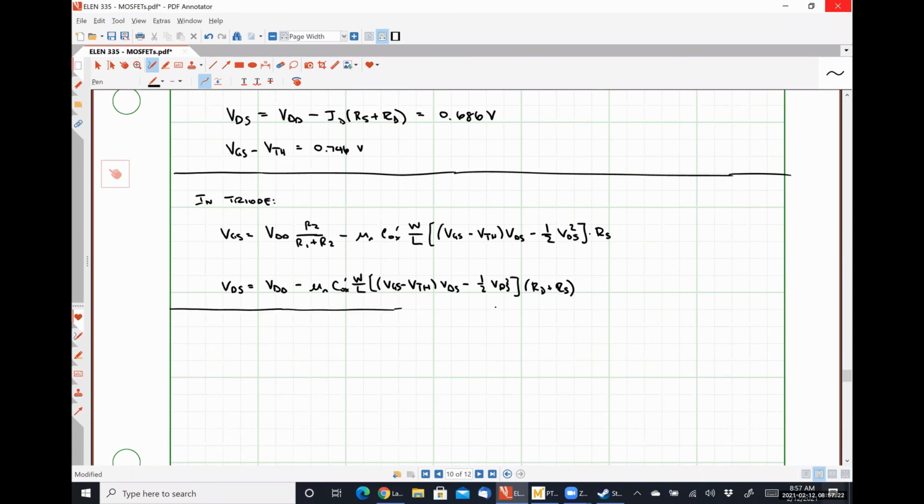So let's circle back around to our original example problem and say then what value of RD would make this guy operate on the edge of saturation.